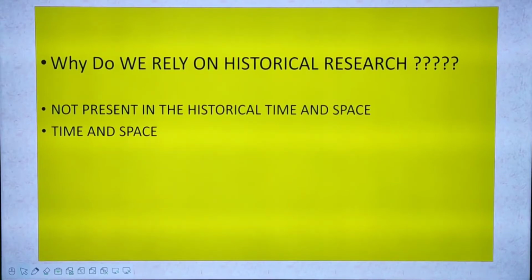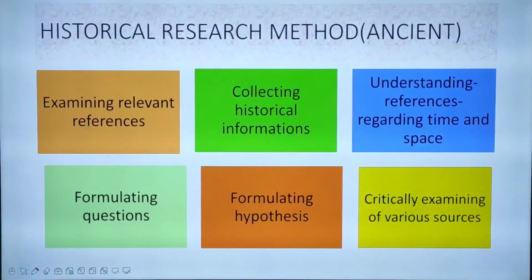And why do we have to rely? There are two reasons: I was not present during that particular incident, and the time and the space were completely different. The incident took place much before I came into this world, and that is why we completely rely on historical research.